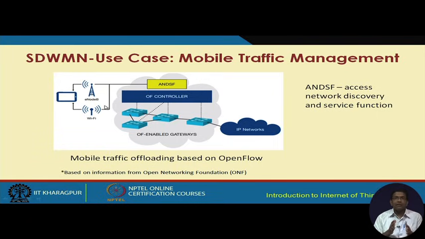So, basically what happens is when the user is moving, right. The user can get first connected to the regular Wi-Fi access point, then it might have better connectivity with the cellular network, 3G, 4G and so on.